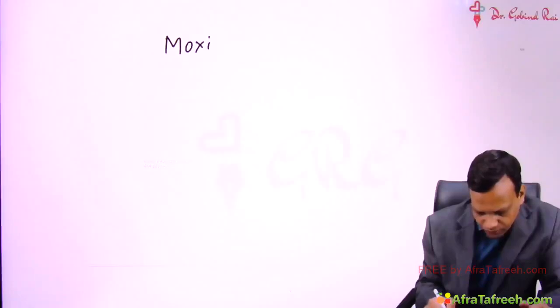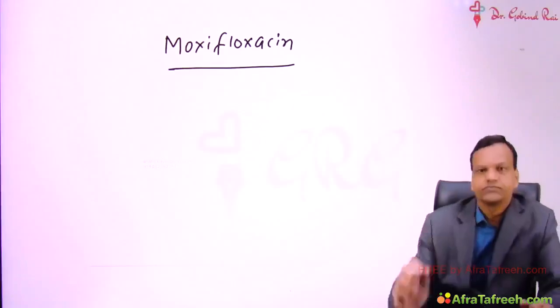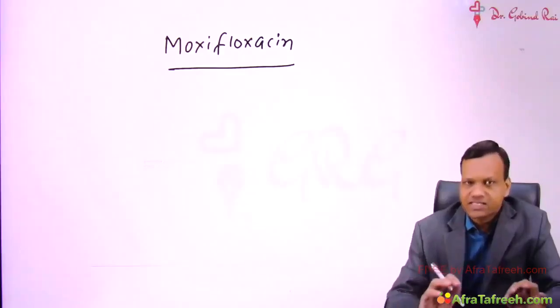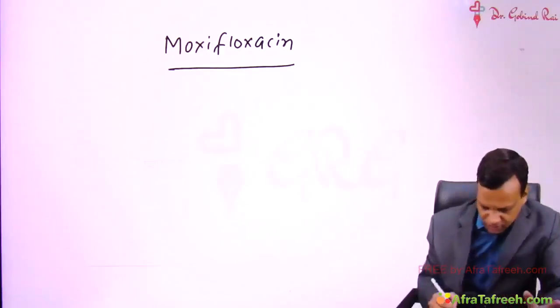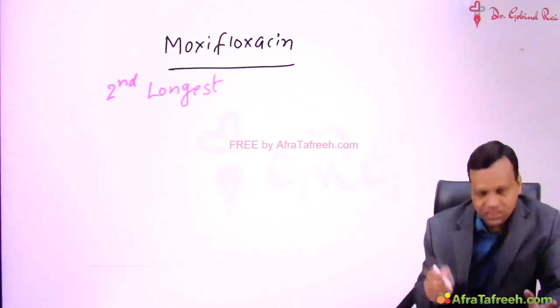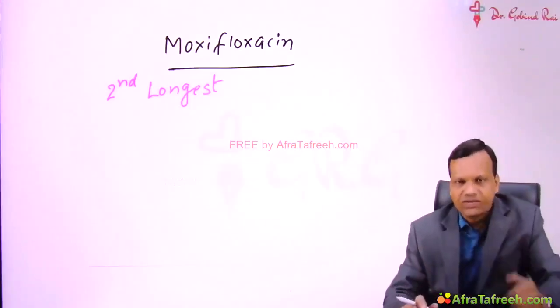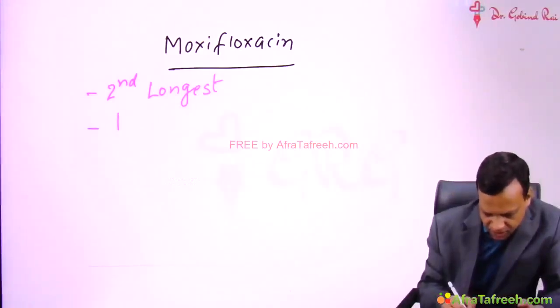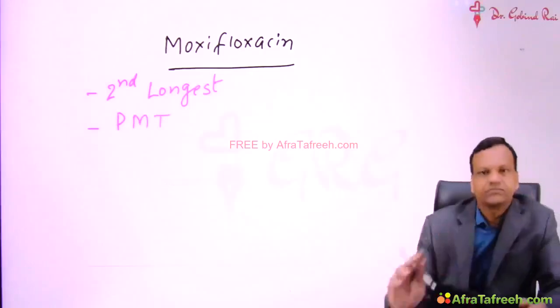Okay. Then the last fluoroquinolone is moxifloxacin. Most important fluoroquinolone. We have already discussed several points about moxifloxacin. It is the second longest acting fluoroquinolone, so if sparfloxacin is not in the options, then the answer will be moxifloxacin. Second, moxifloxacin is one of the PMT drugs.